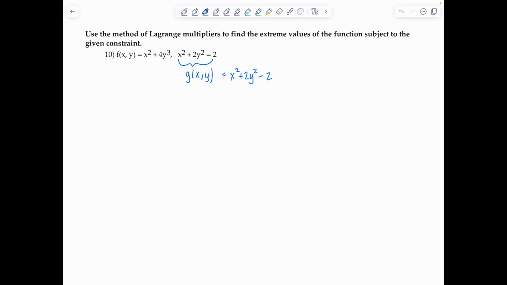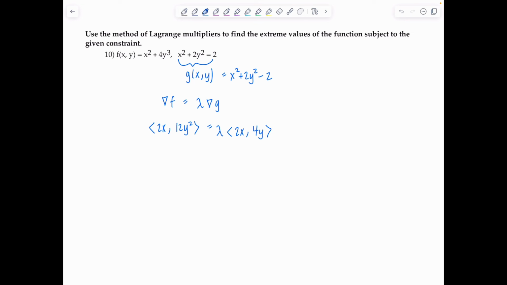And so using the method of Lagrange multipliers, I'm going to solve that the gradient of f is equal to lambda times the gradient of g. Gradient of f, let's see, is 2x, 12y squared, equals lambda times gradient of g, which is 2x and 4y.